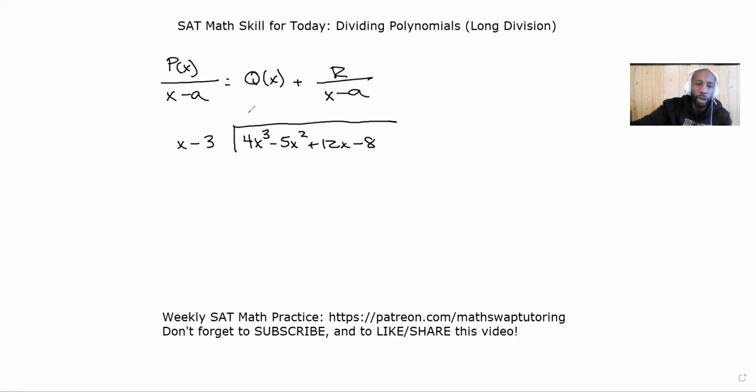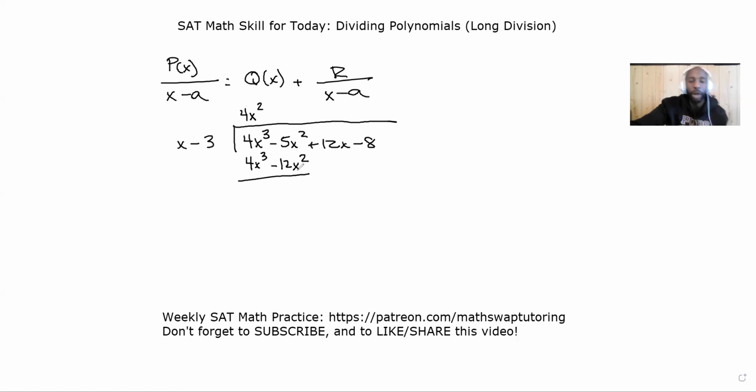X goes into 4x cubed 4x squared times. In other words, x times 4x squared is 4x cubed. Then negative 3 times 4x squared is going to be negative 12x squared.